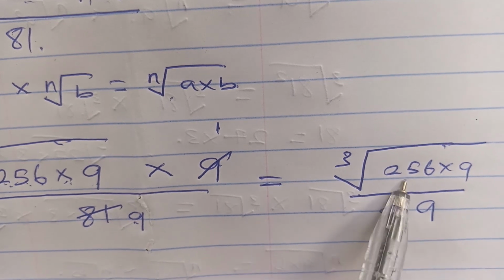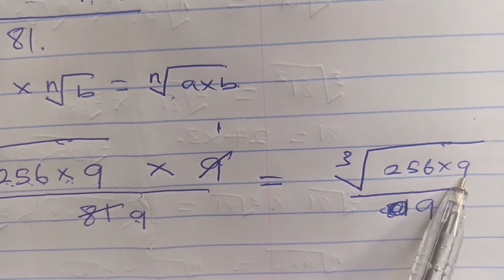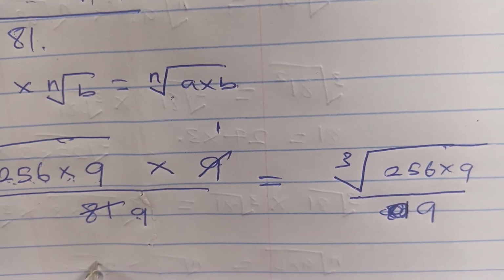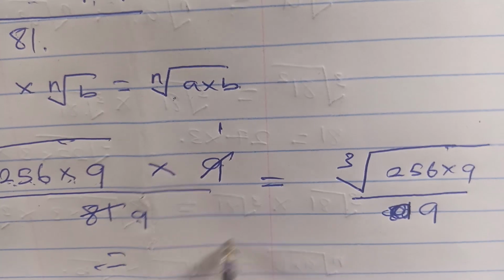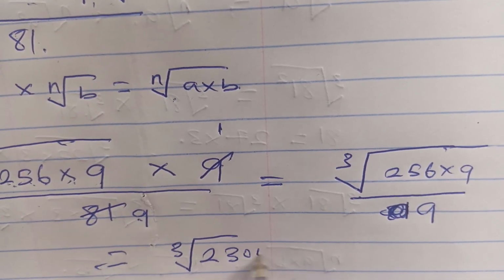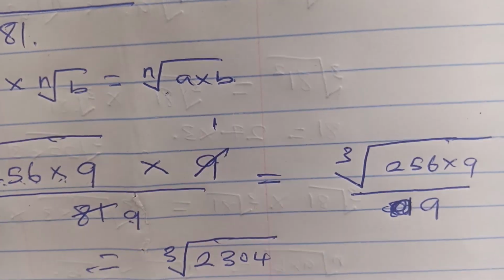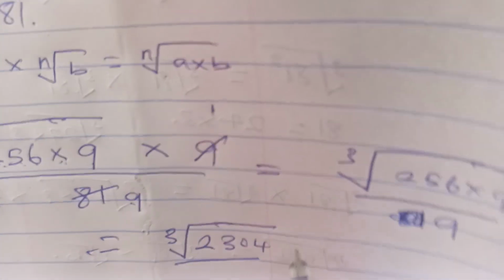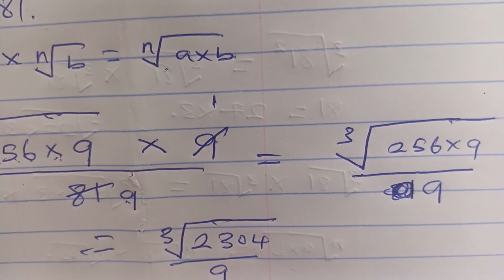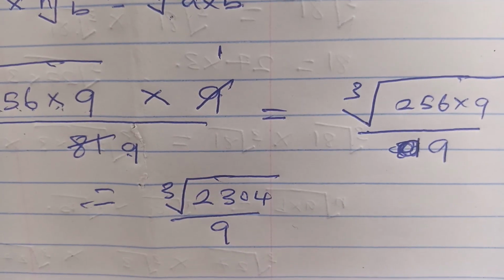So 256 times 9 is going to give us 2,304. From here we can say this is equal to the cube root of 2,304 over 9. So this is the lowest simplification.